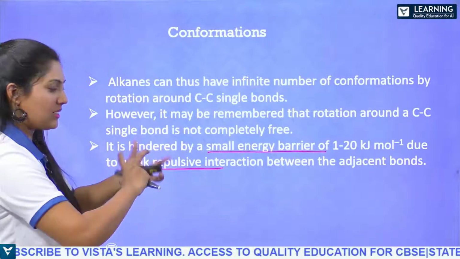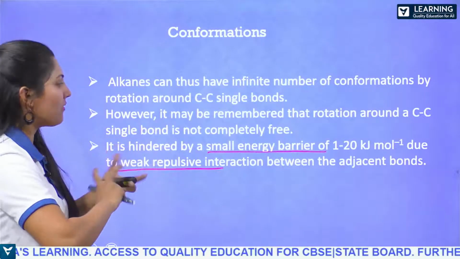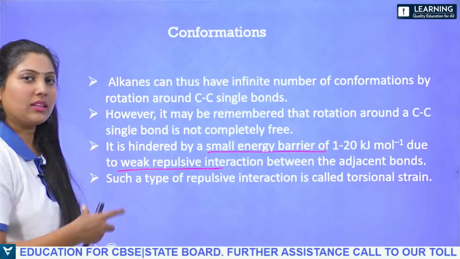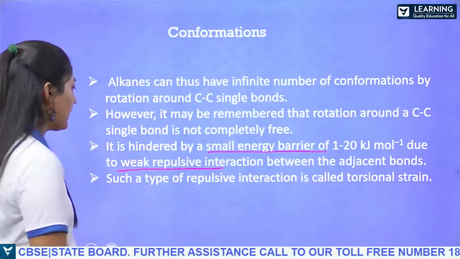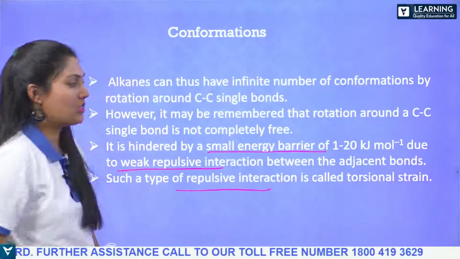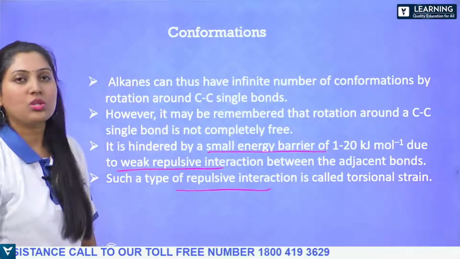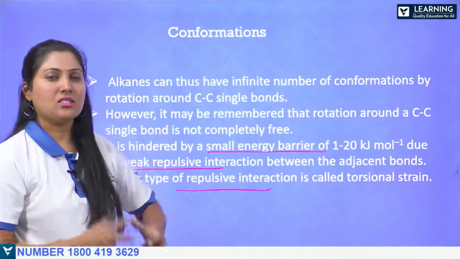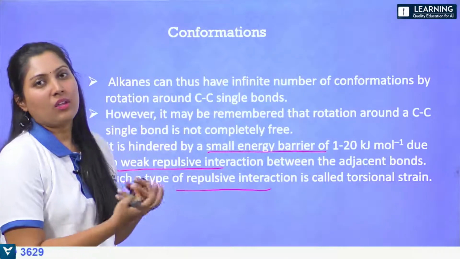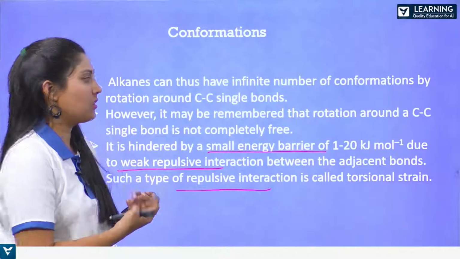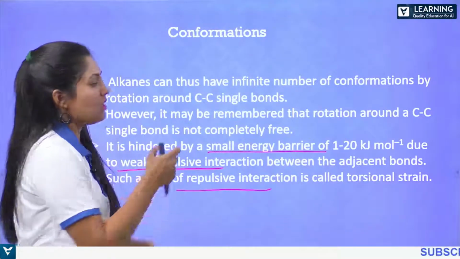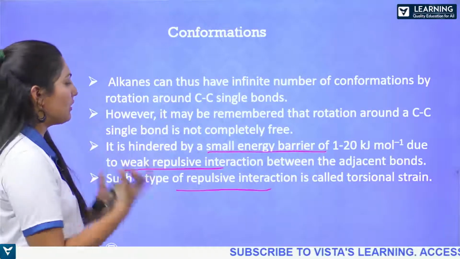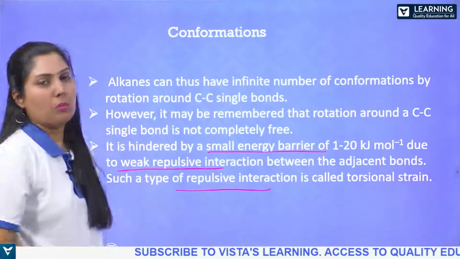So as the adjacent bonds create a barrier, not all rotations are possible. Such a type of repulsive interaction is called torsional strain. You know strain, right? In physics you might have studied, strain means there will be an opposing force or hindrance. So here torsional strain will be experienced by these bonds.